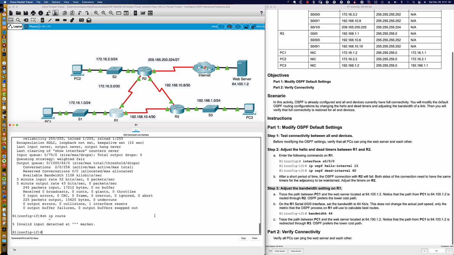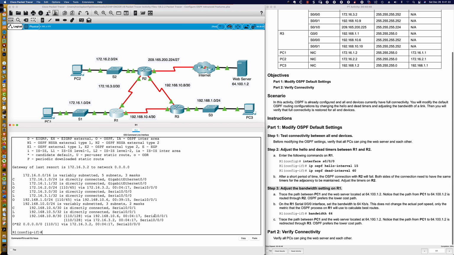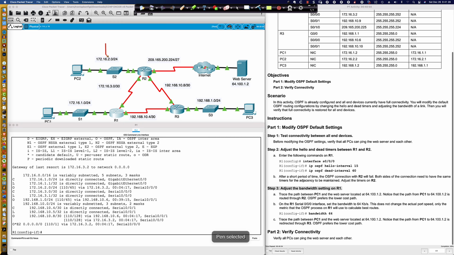Well, let's say show IP route, or do show IP route. So if I want to know what my cost is to reach this network segment, as router 1, I need to determine, do I want to go this way or do I want to go this way?